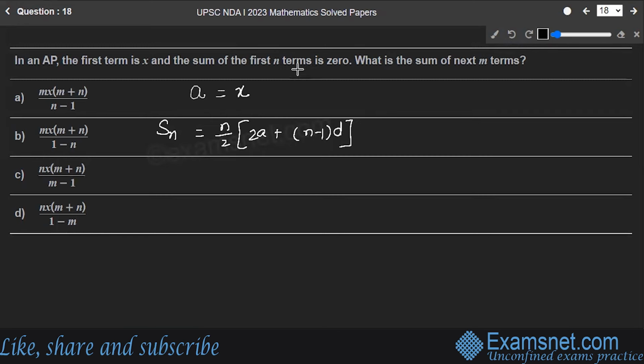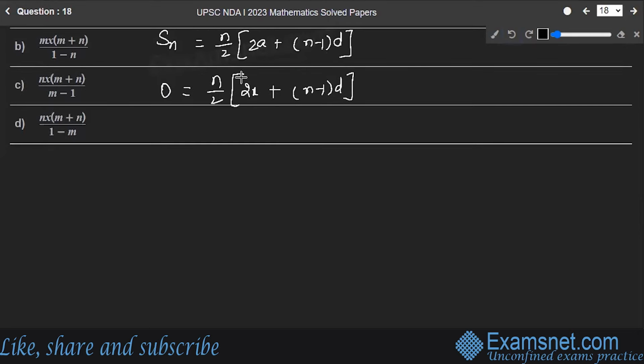So it is given the sum of first n terms is 0. So 0 is equal to n by 2. First term is given to be x. So 2x plus n minus 1 into d. n can't be equal to 0. That means 2x plus n minus 1 into d is equal to 0, which gives you d is equal to minus 2x upon n minus 1, or d is equal to 2x upon 1 minus n.